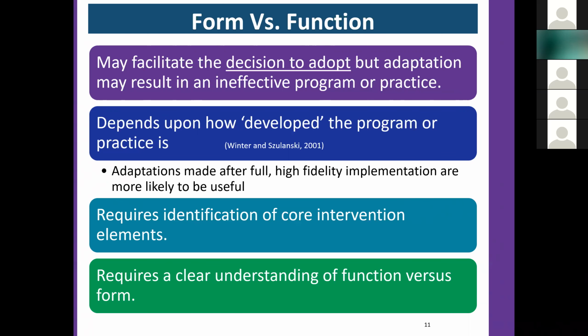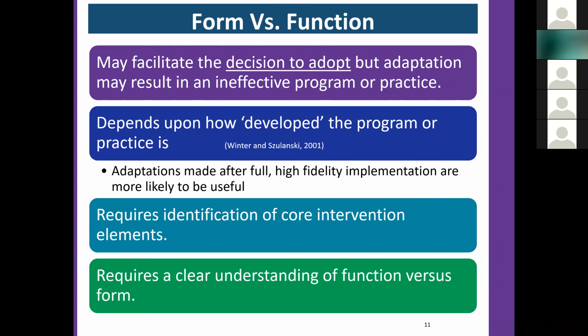So knowing what those pieces are of your program that need to be implemented is the key here to understanding whether you've changed form or function, right? And so that's where that program documentation can become really crucial.